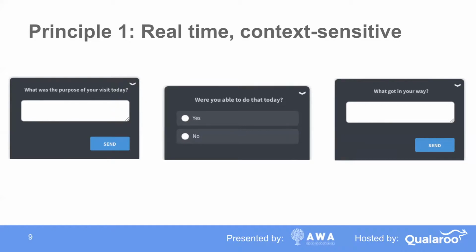But ask this question even just a few hours after the user had been on your site, and you won't get the same quality response. So it's important when you use these different tools, your various research methodologies, understand the strengths and weaknesses of each of them. So email, I mentioned earlier, that's great.